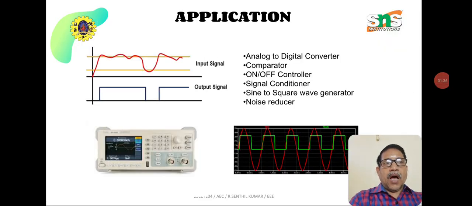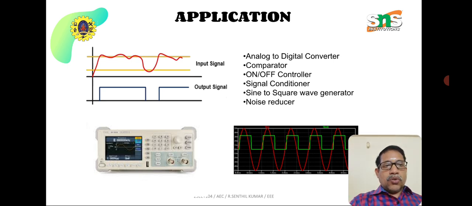See the application part of this Schmitt trigger is shown. You may visualize the waveform given in the right bottom, where a sinusoidal signal, which is analog in nature and continuously varying, is converted into a digital pulse signal, which is green in color.